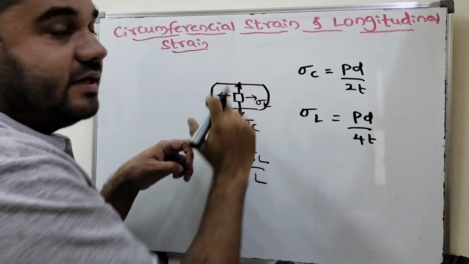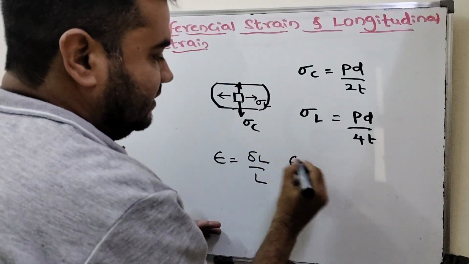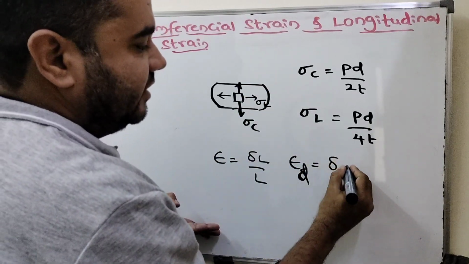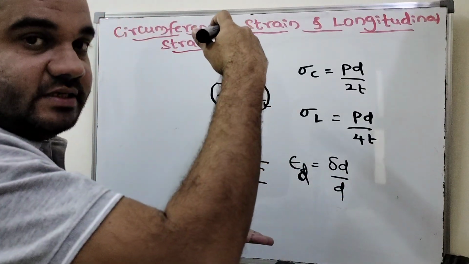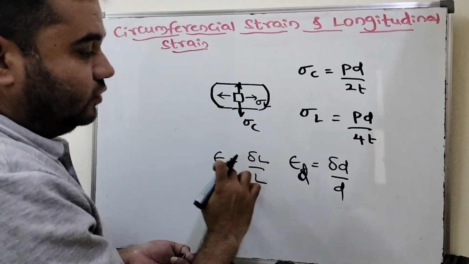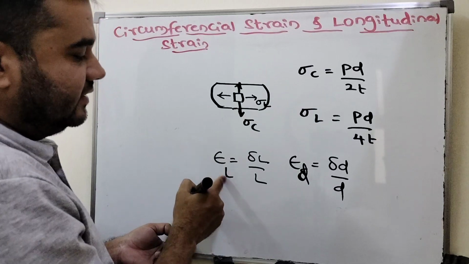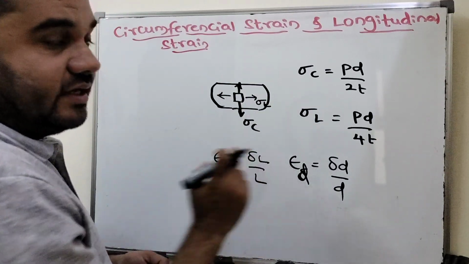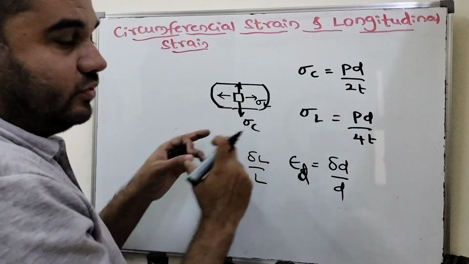Along the diameter also it will increase, and the strain along the diameter is change in diameter divided by original diameter. With respect to the original diameter, how much change in diameter. So two types of strains are developed. One is along the length, the longitudinal strain, and along the diameter there is a diametrical strain. These two strains we have to design.